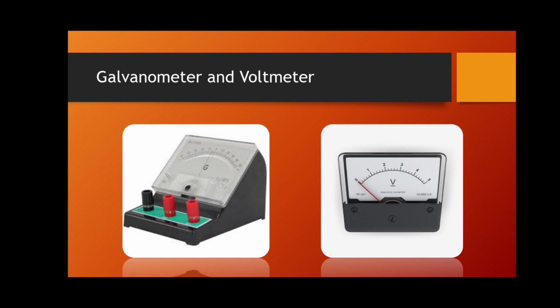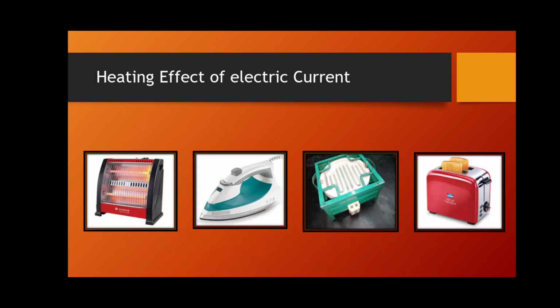And what is the SI unit of electric current? The SI unit of electric current is ampere, and the SI unit for potential difference is volt. Ampere is represented by capital A and volt is symbolized by capital V.